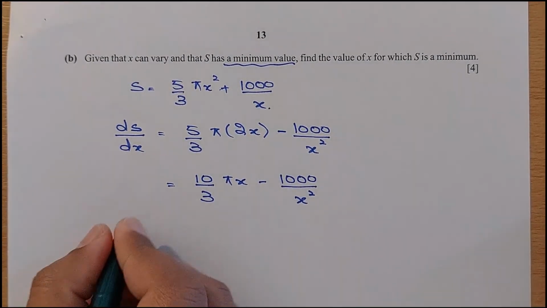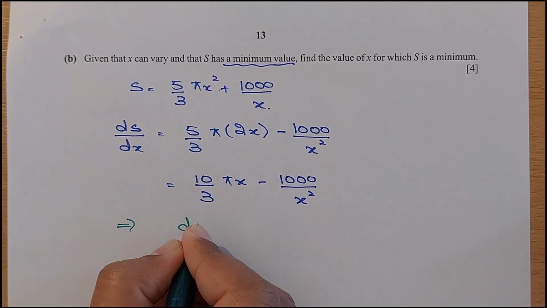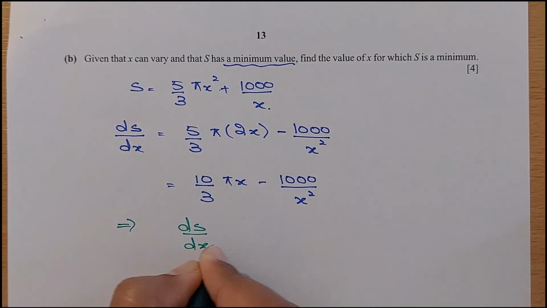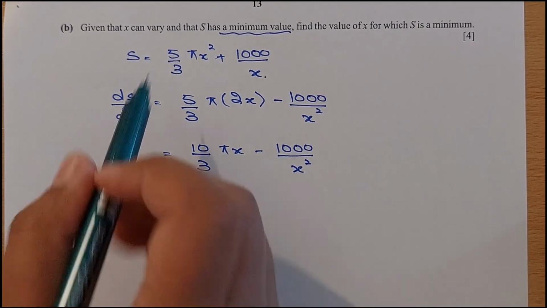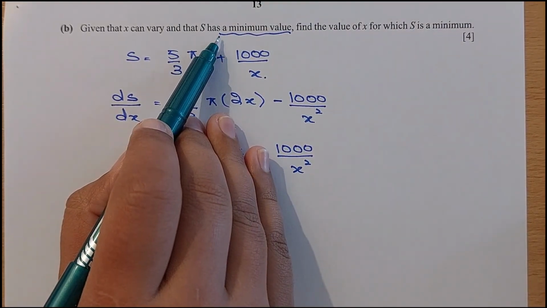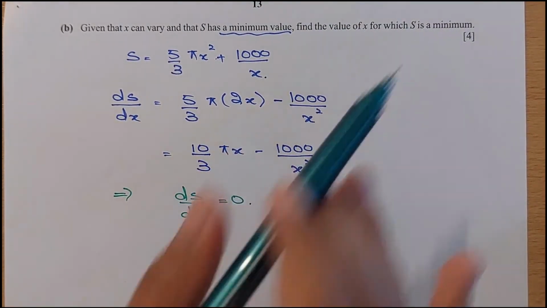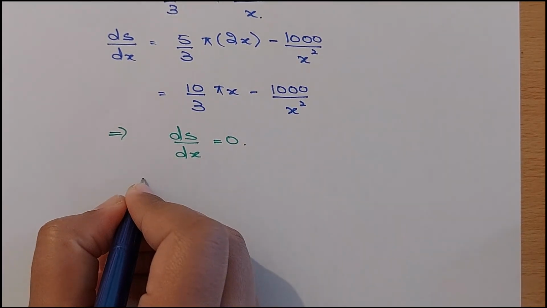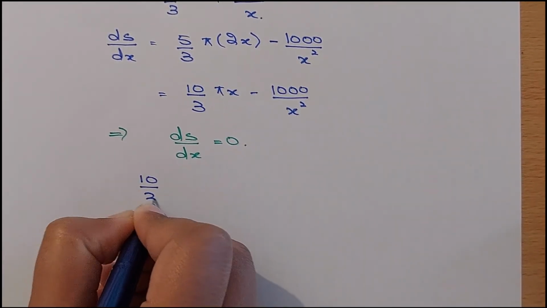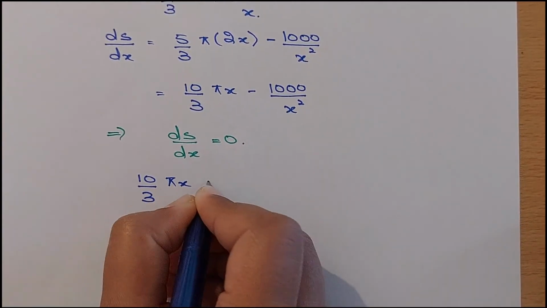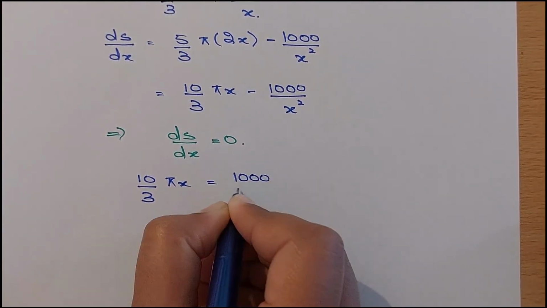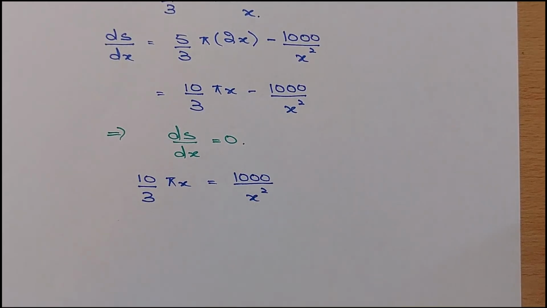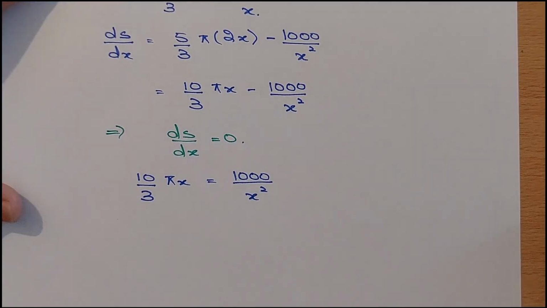Now what we have to do is set the first derivative of S with respect to x equal to 0 to find the value of x at which S is minimum, right? So let me solve for x. This is 10 over 3 pi x equals 1000 over x squared, right? Now let's do a cross multiplication.